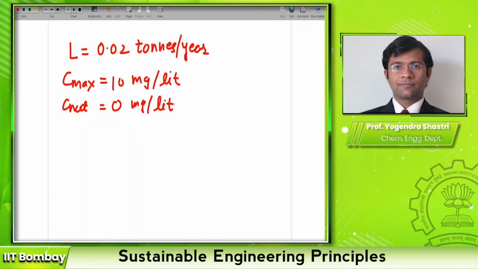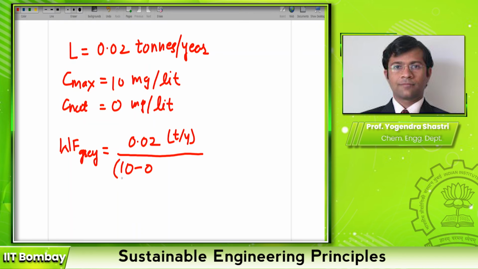Now, given this information, the water footprint is calculated as 0.02 tons per year divided by 10 minus 0 mg per liter, which also is equal to 0.02 tons per year divided by 10 into 10 raised to minus 6 tons per meter cube. So I have done unit adjustment.